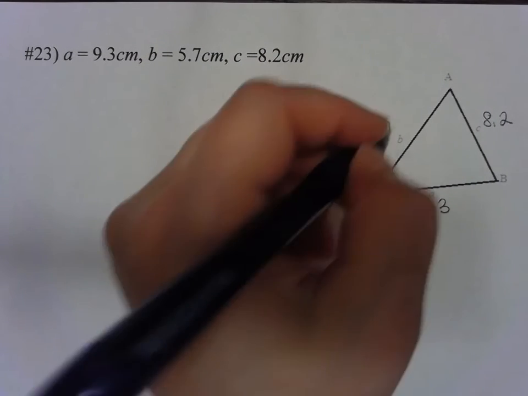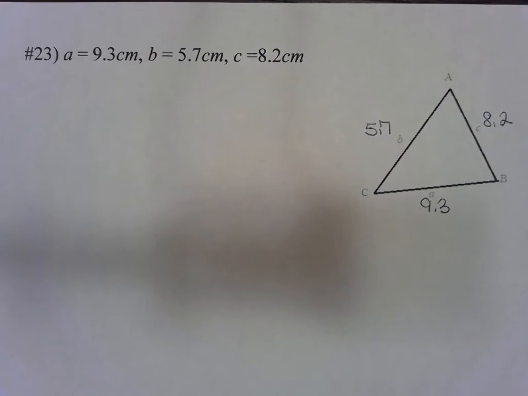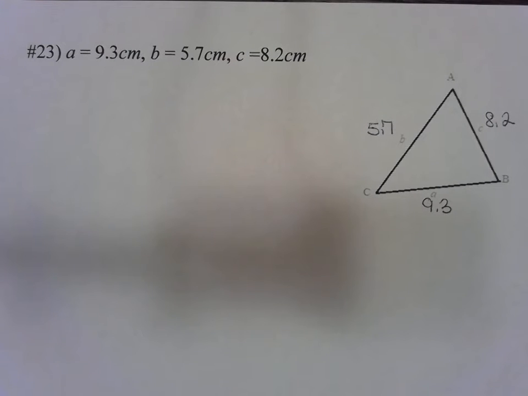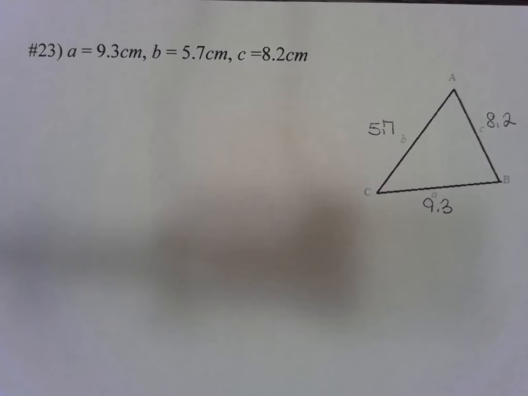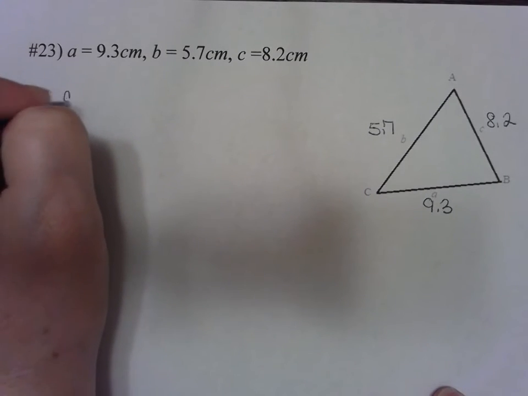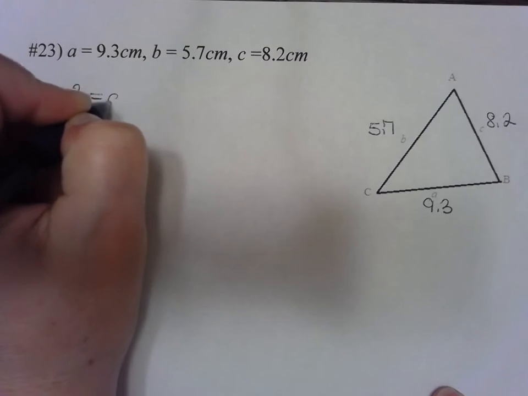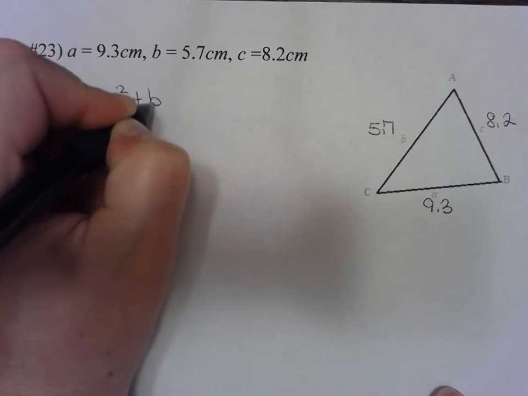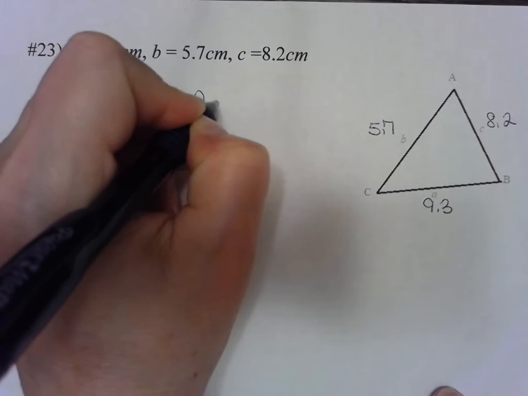So we have all three sides. Now we need to find all three angles. So the law of cosines will help us do that. I'm just going to use the one we had originally printed before. So this is the one I have committed to memory.